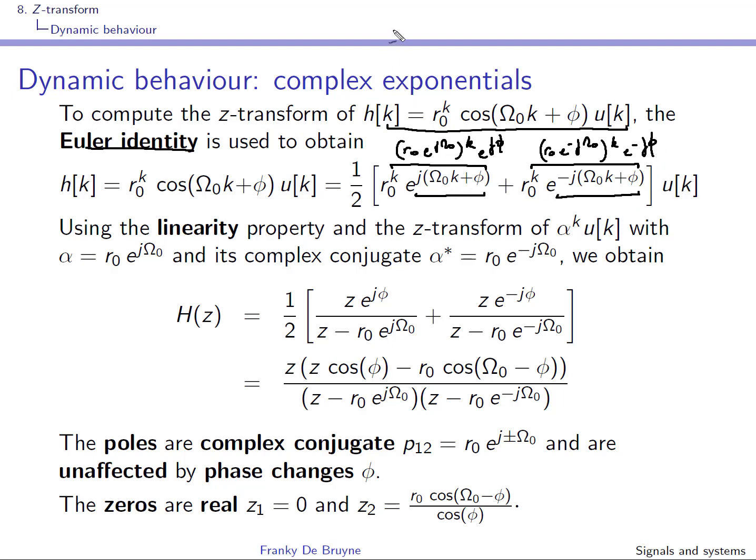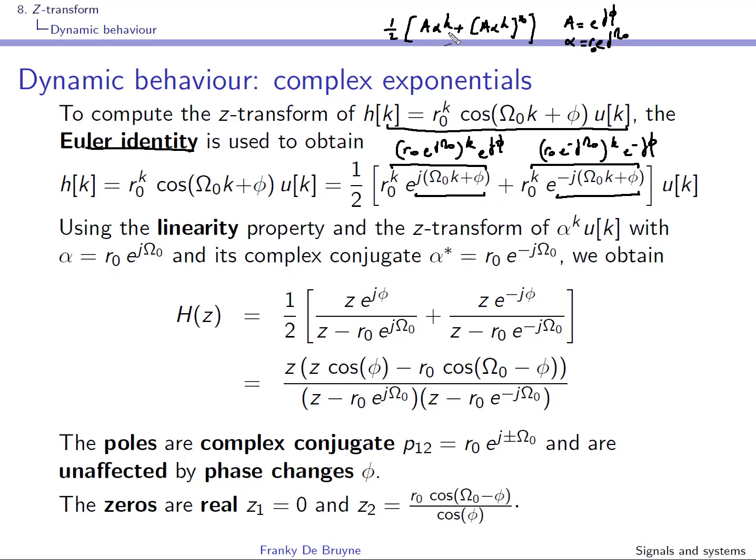So this signal can be written as a half times a alpha^k plus a alpha^k conjugate, right? And here a will be exponential of j phi, and alpha will be exponential of j omega 0, and I forgot the r0 over here.